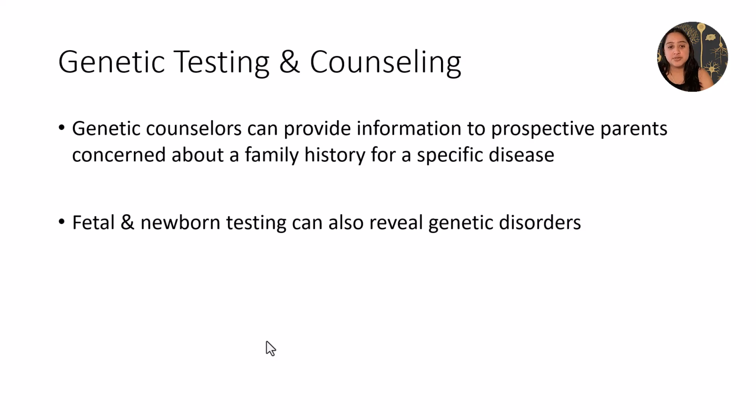Genetic counselors can provide information to prospective parents concerned about a family history for a specific disease. So if a family is concerned about Huntington's disease, they can meet with genetic counselors to examine their pedigree more. Fetal and newborn testing can also reveal genetic disorders.